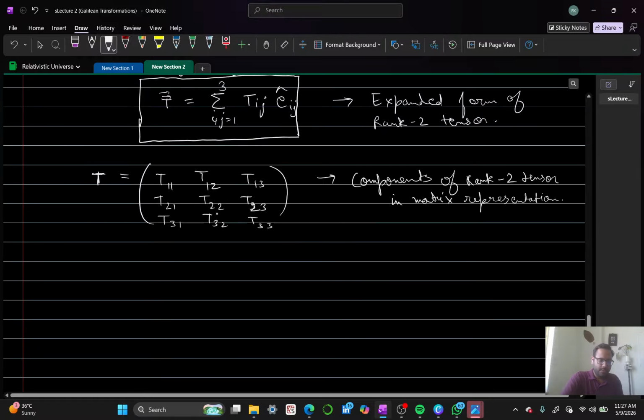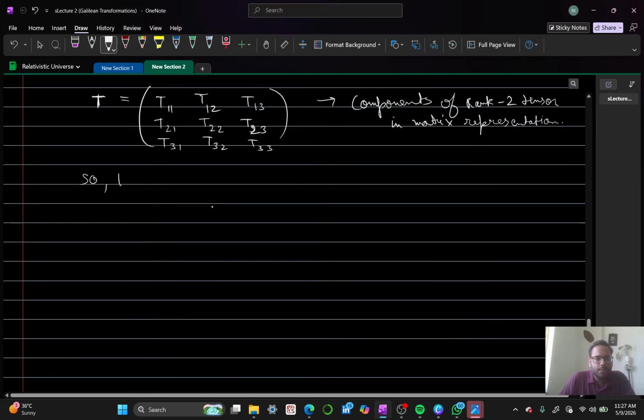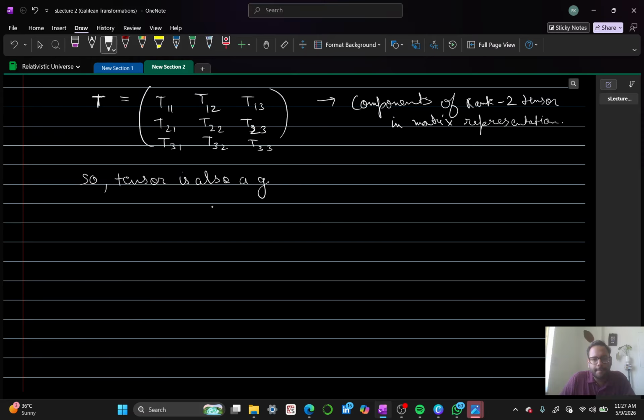So you understand what a tensor is now, mathematically. A tensor is also a geometric object, just like vectors. Just like vectors, suppose this is my S frame and this is my S prime frame.